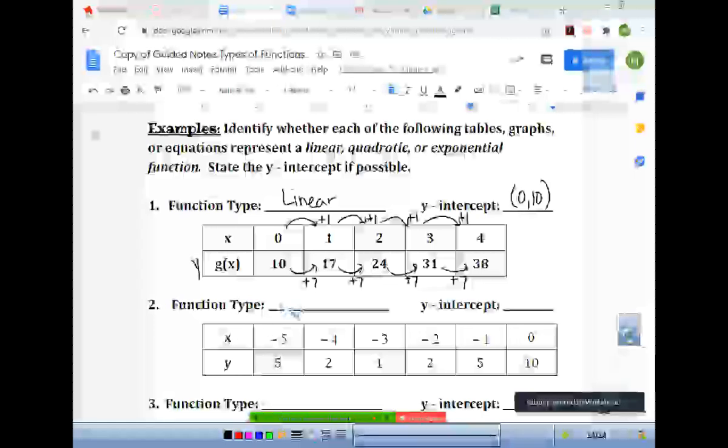Which is what type? Quadratic. Yep. So you got those repeating y values because you got 5 and 5, 2 and 2. That's quadratic. Repeating y values is quadratic. Do you see the y-intercept in that table? It's 10 again. 0, 10. When my x is 0.